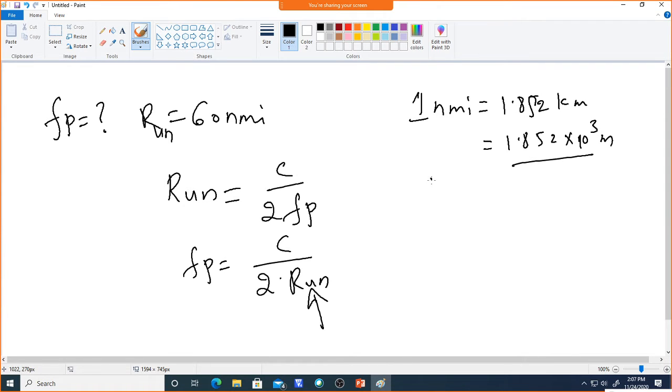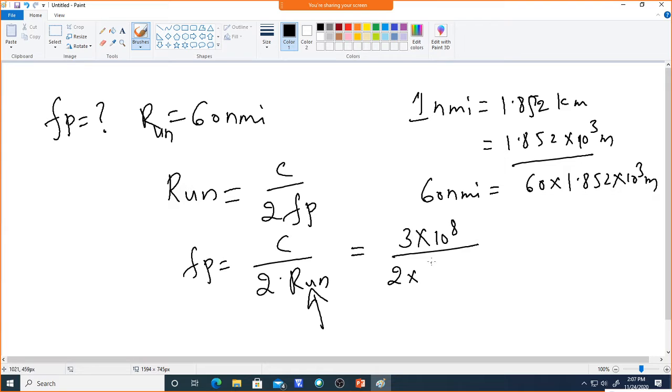So 60 nautical miles gives 60 into 1.852 into 10 power 3 meters. Substituting, you will get 3 into 10 power 8 divided by 2 into 60 into 1.852 into 10 power 3. So now what is the frequency? Calculate and tell me.